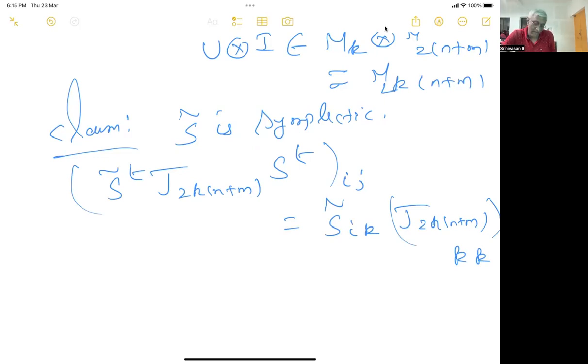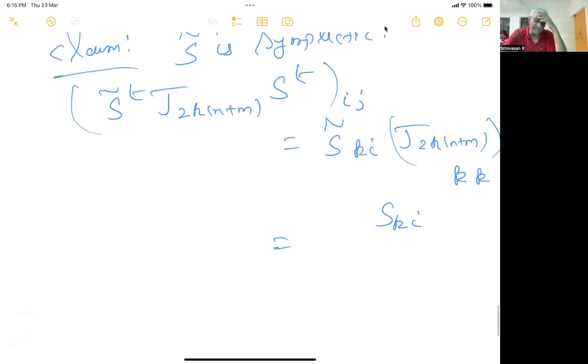Then we have to take the transpose, so you have k i, and here again k i. But this will be just J_{2(n+m)}. These are all just scalars, the blocks are just scalars. So you will have the summation over k.